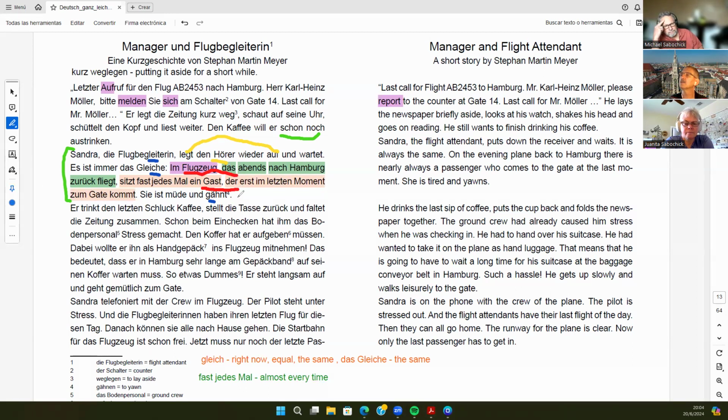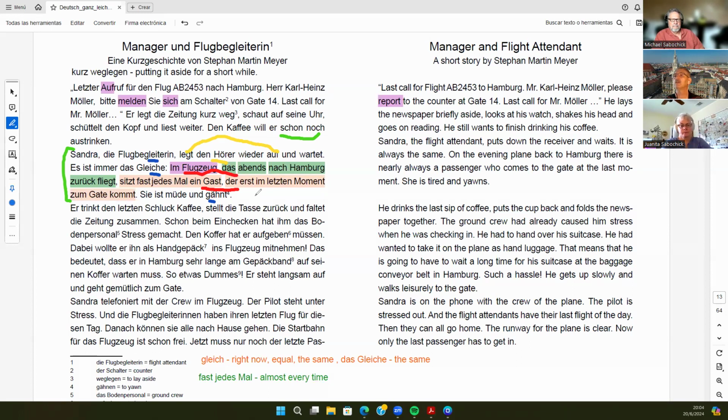So these are relative pronouns, because they refer to the noun right before the comma. So das Flugzeug, der Gast. So the Germans are going to stick in a parenthesis phrase, something about the plane or something about the guest, and explain it.